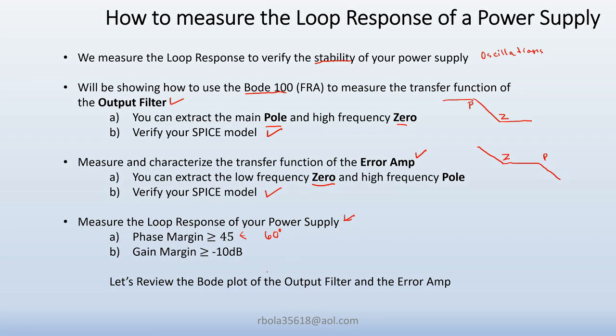I prefer that. And then your gain margin should be greater than negative 10 dBs, and then you should be fine. So these are the requirements as far as specification is concerned: at least 45 degrees at the bare minimum, and negative 10 dBs minimum for your gain margin.